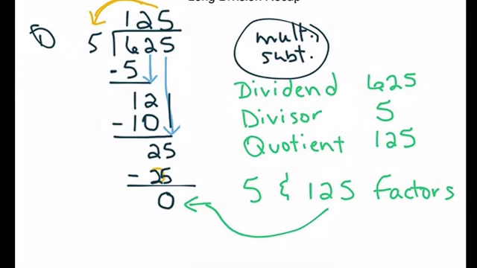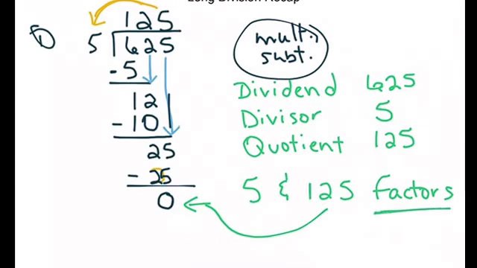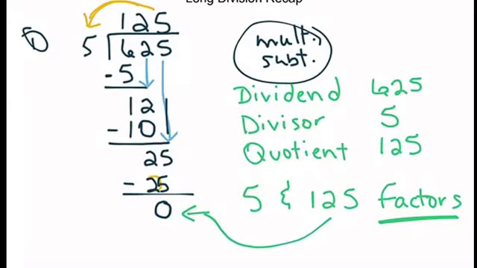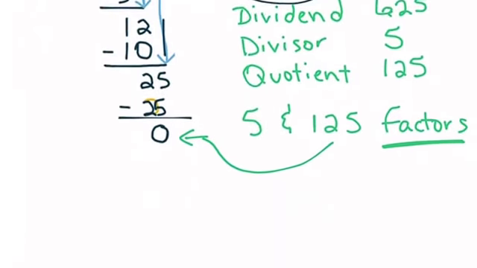Okay, so we're going to work our problems using long division, and then we're going to answer this question of whether or not our divisor and quotient are factors by looking at the remainder. So let's go ahead and do a second example. And if you need to pause it here and go back through that, do so, okay? The key with the videos is that you can pause and redo until you're comfortable with it.